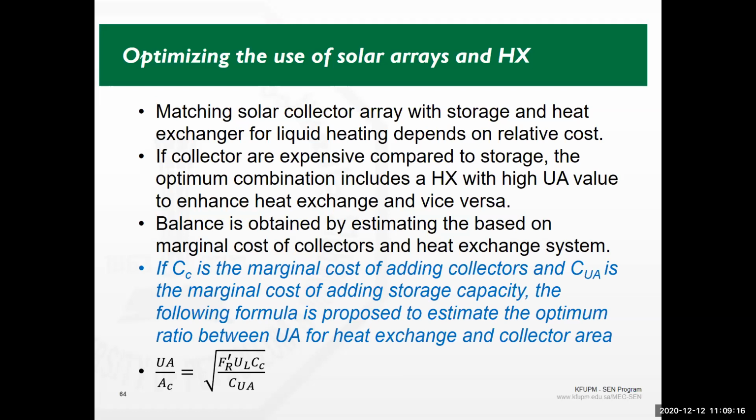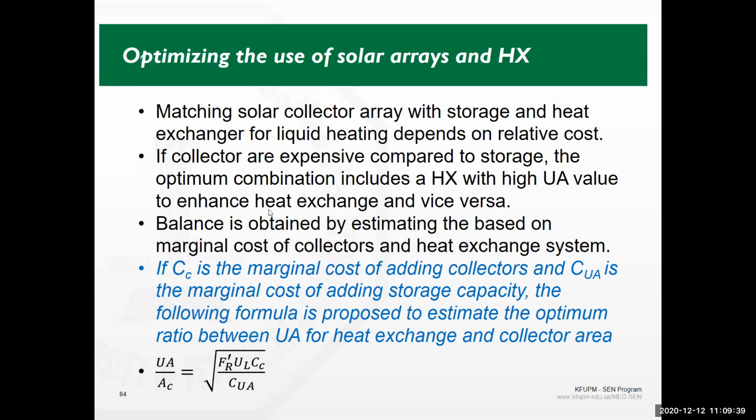And you can see here, talking about the match between the solar collector array with the storage and the heat exchanger for liquid heating, it's depending on the relative cost as I just mentioned. If the collectors are expensive compared to the storage, maybe going for a bigger storage is going to help. Vice versa applies.